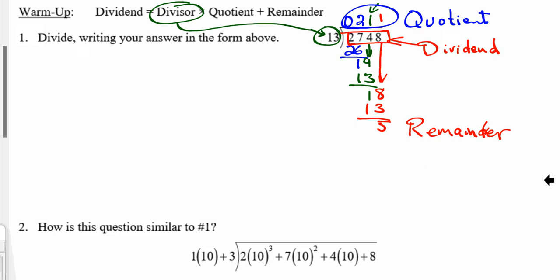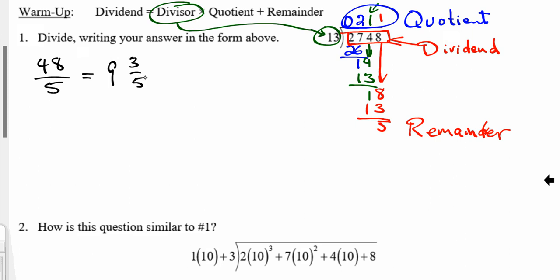So let's think about an improper fraction, like 48/5. If I want to change that to a mixed number, what would that equivalent mixed number look like? Muhammad. 9 3/5.